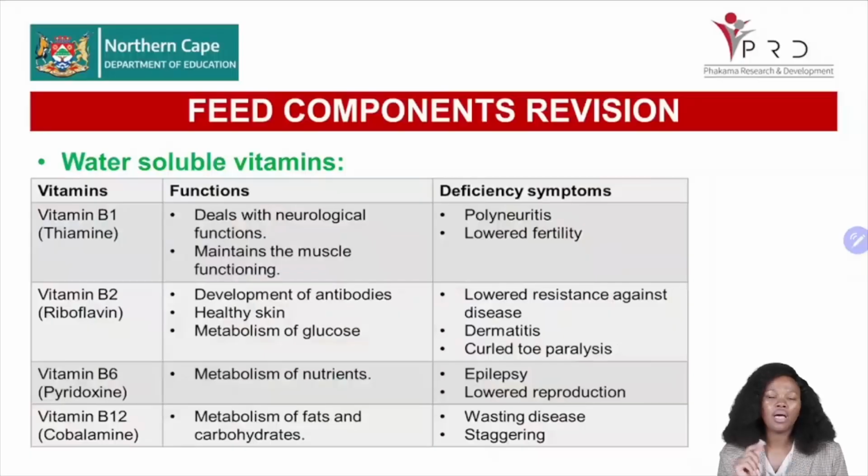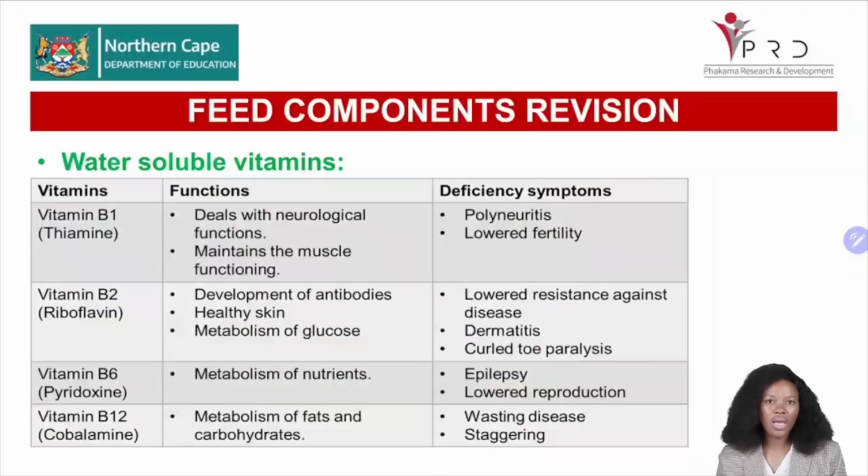So most of these vitamins deal with the metabolism of various minerals, such as calcium, or various nutrients in general, right? Now, these are vitamins that can only dissolve in water. That is why they are called water-soluble vitamins.